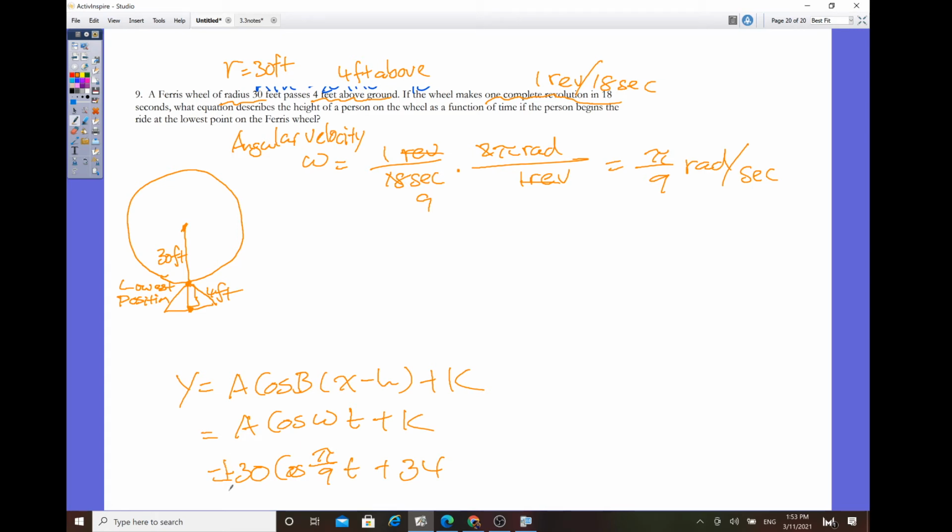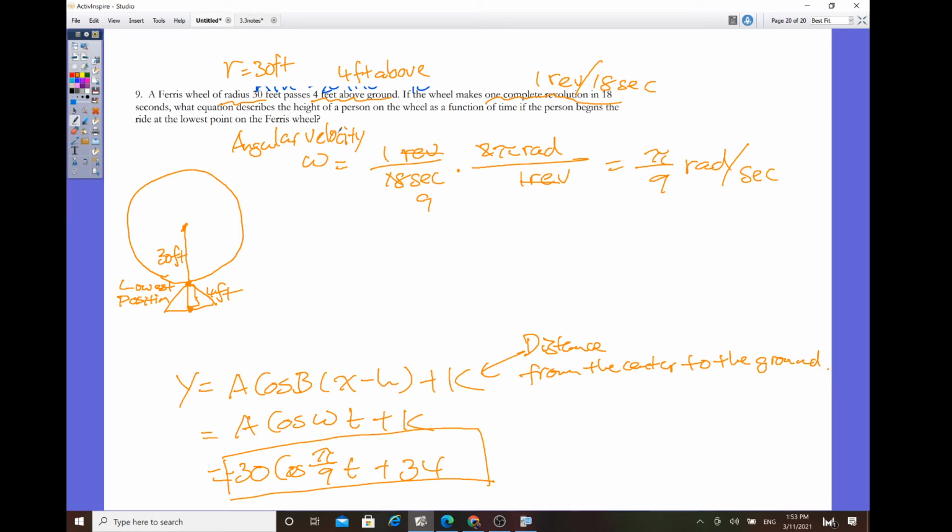So that would be the equation of the Ferris wheel. Again, K represents the distance from the center of the Ferris wheel to the ground. That's how you come up with this function.